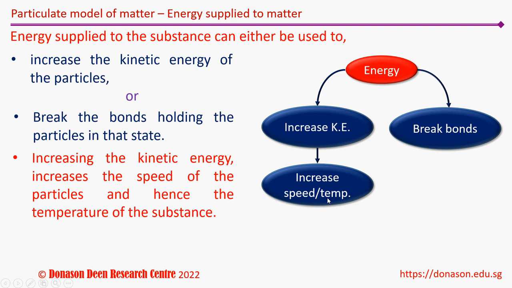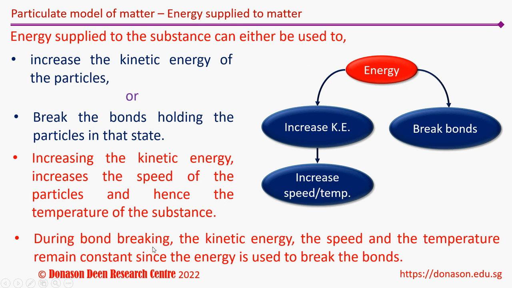So when we increase the kinetic energy, the increase is converted into higher speed of the particles, and this in turn would increase the temperature, right? Unless we stop increasing the kinetic energy, the temperature would keep rising. So increasing the kinetic energy increases the speed of the particles and hence the temperature of the substance.